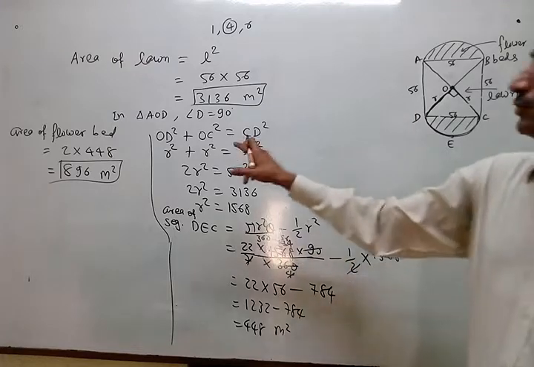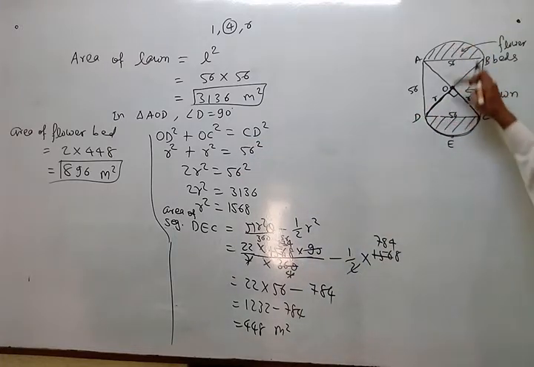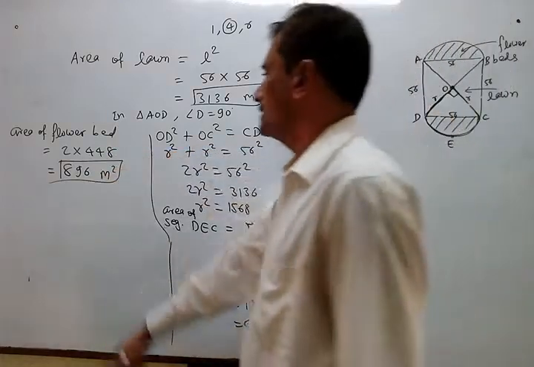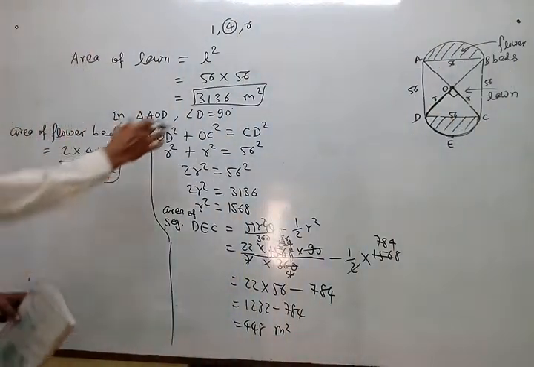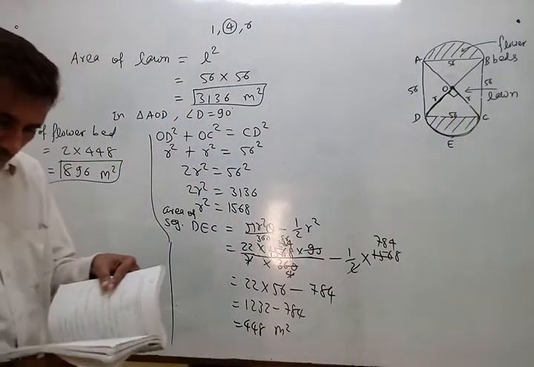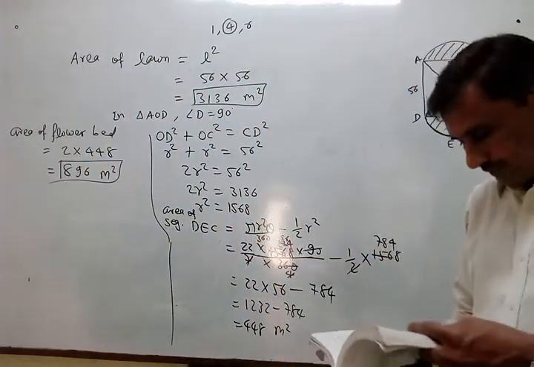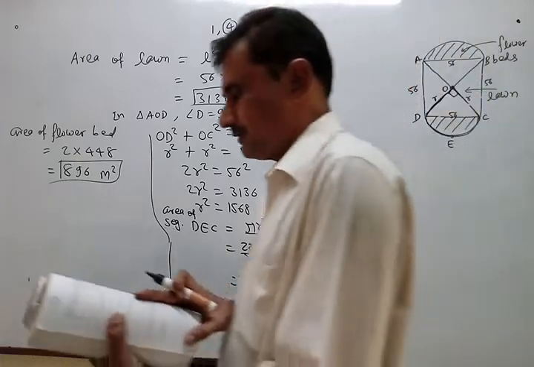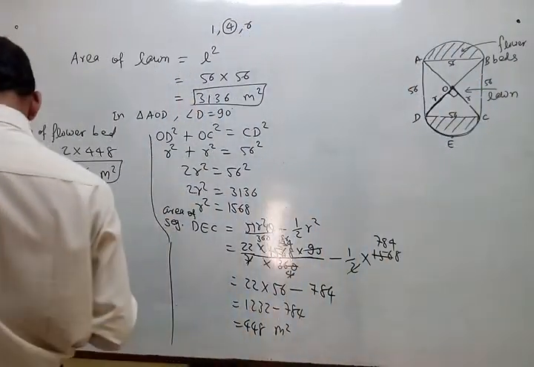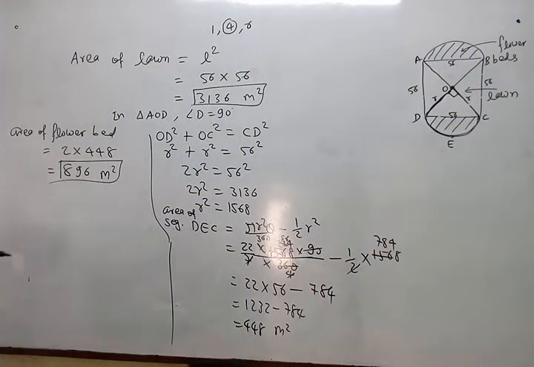Now two same parts are there, so the total flower bed area is this. Now they don't ask this individual answer; they ask the total of both. So whole figure. So what will the required area be? So area of lawn and the flower bed. This is our final answer.